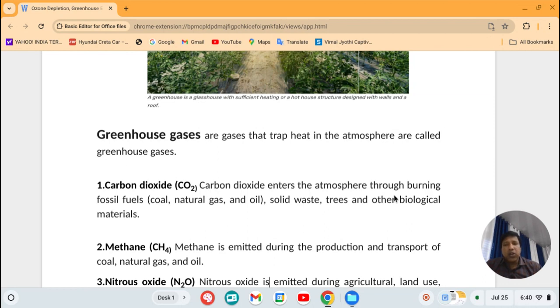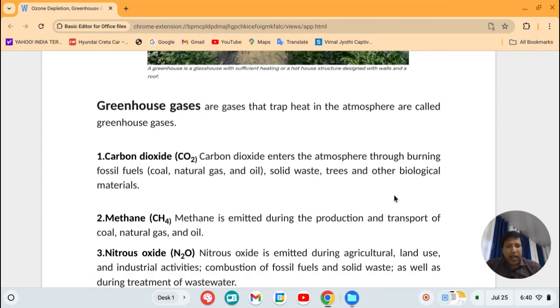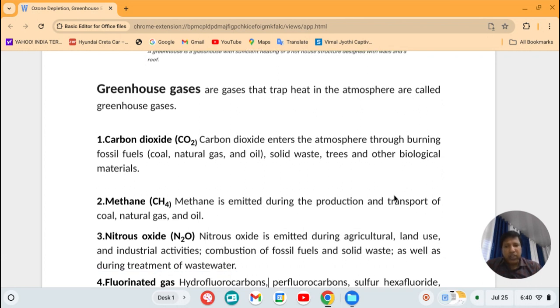Another greenhouse gas is nitrous oxide, N2O. Nitrous oxide is emitted during agriculture and land use and industrial activities, combustion of fossil fuels and solid waste, as well as during treatment of wastewater. So these are the sources of emission of nitrous oxide.